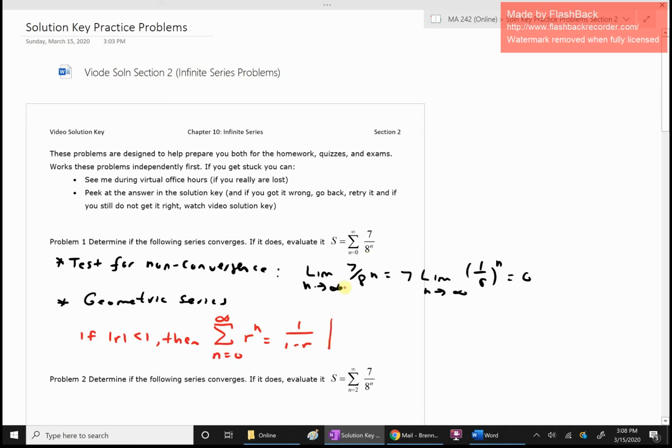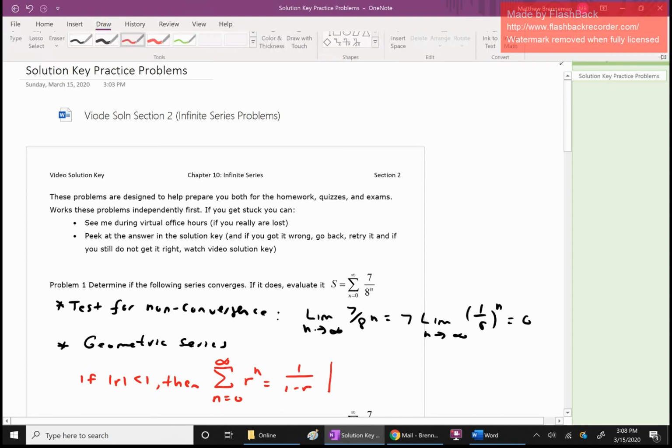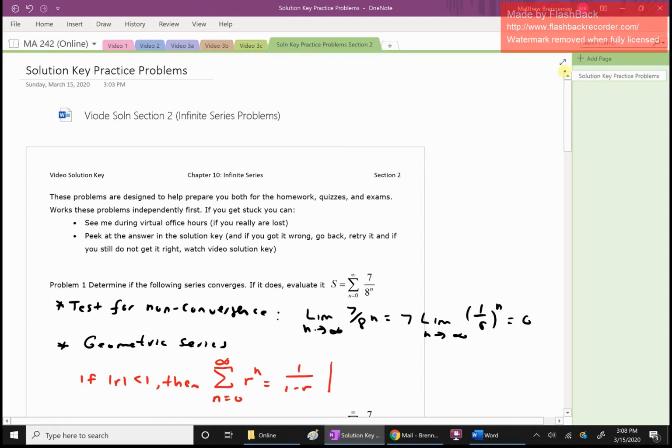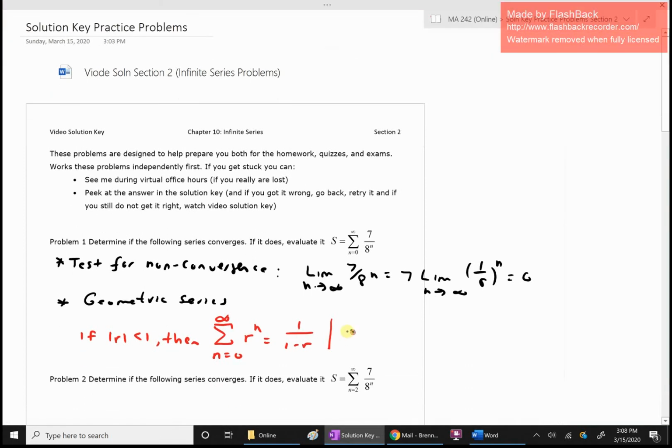And to put my series in that form, I'm going to factor out the 7. In our case, I can always factor out a constant, so I'm going to factor out the 7.